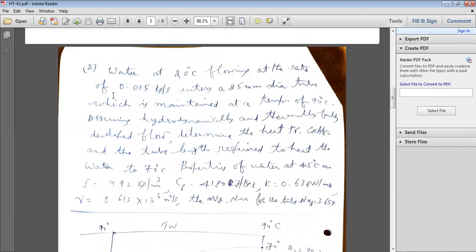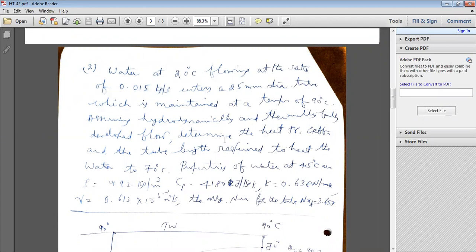Next, second problem. Water at 20 degrees centigrade flowing at the rate of 0.015 kg per second enters a 25 mm diameter tube, which is maintained at a temperature of, that is outside surface temperature, 90 degrees centigrade.